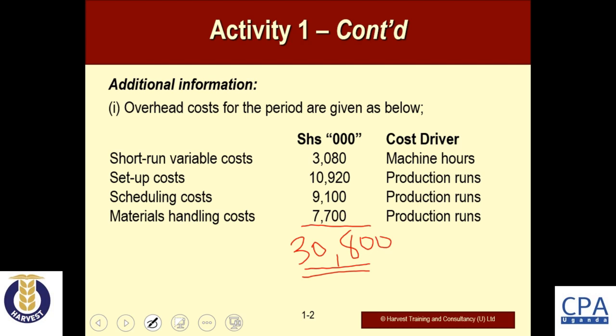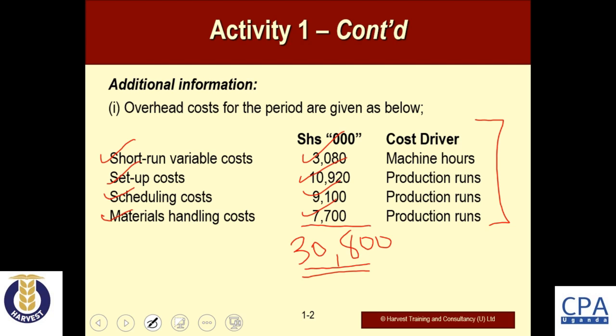The line items are the short-run variable costs, which are 3,008,000, the setup costs, which are 10,920,000, the scheduling costs, which are 9,100,000, and the material handling costs, which are 7,700,000.